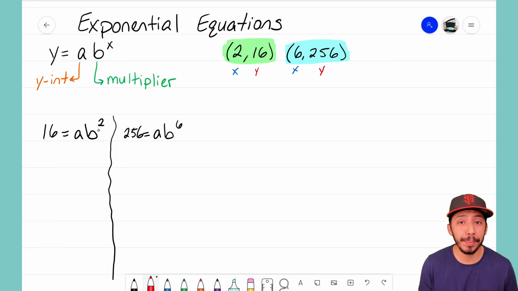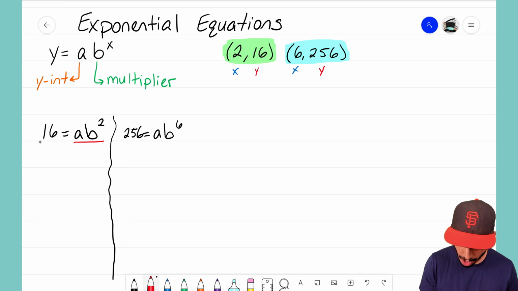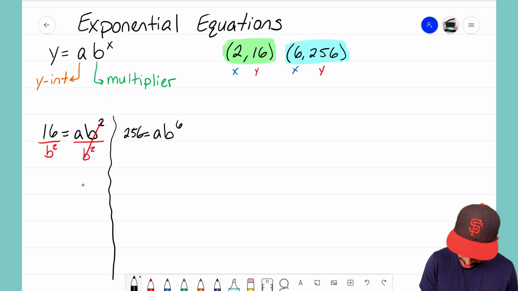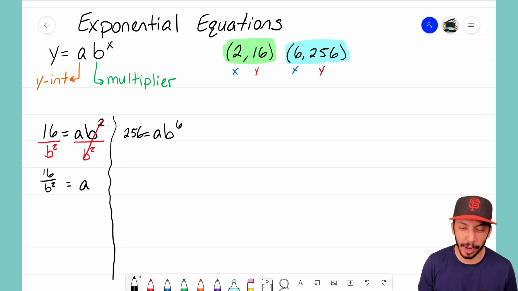So to get rid of that b squared, all I will need to do is divide both sides by b squared. If I do that, on the right side, those will cancel and become a 1. So then on the left side, I'm just left with a equals 16 divided by b squared.